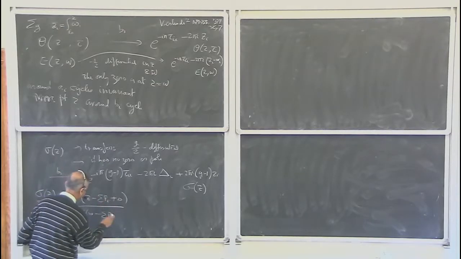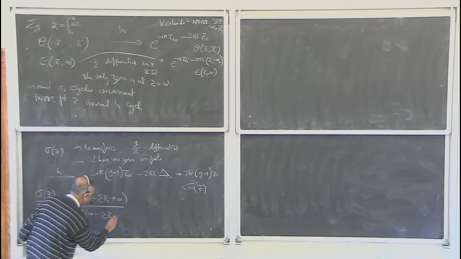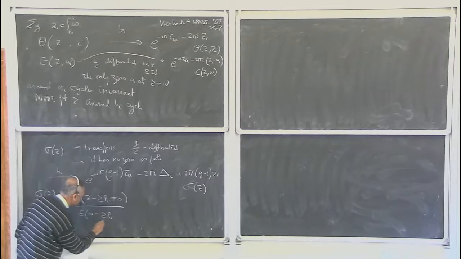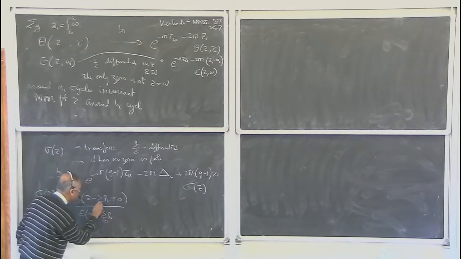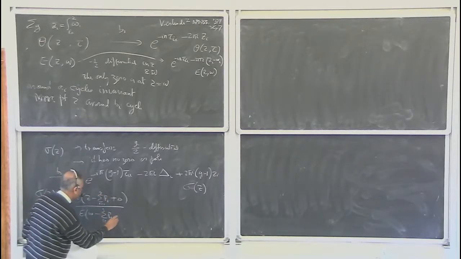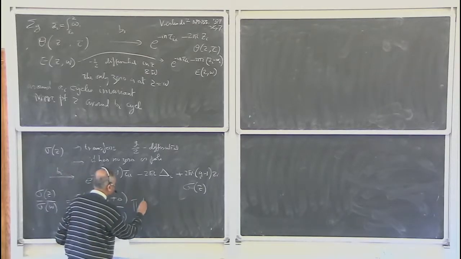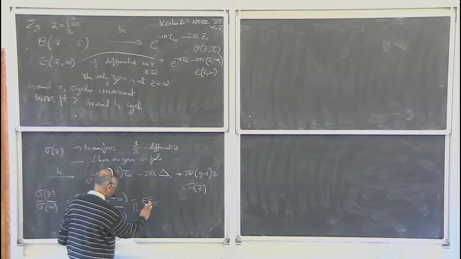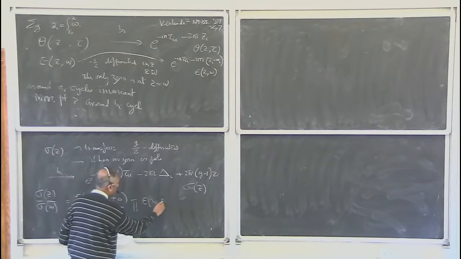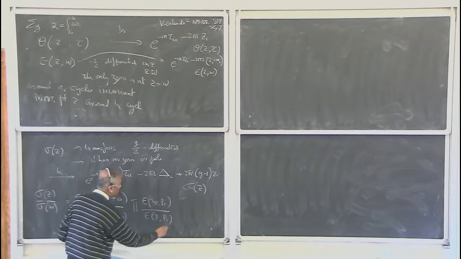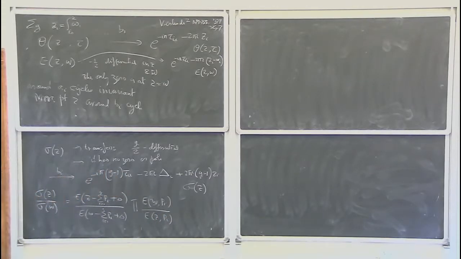This i is not the same as that. These are points. Each p_i is a point on the Riemann surface. And this i goes from 1 to g. Plus delta. And then product of E(z, w minus p_i), E(w, p_i) divided by E(z, p_i). The p_i are arbitrary points. Okay.